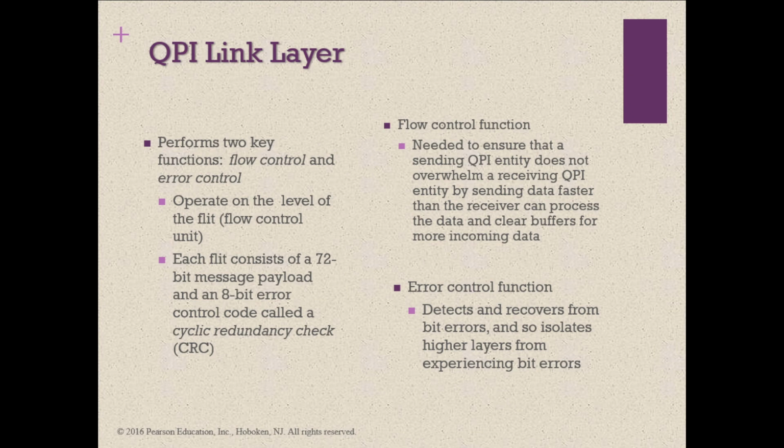The CRC is a function of the value of the remaining 72 bits. On transmission, A calculates a CRC value for each flit and inserts that value into the flit. Number two, when a flit is received, B calculates a CRC value for the 72-bit payload and compares this value with the incoming CRC value in the flit that was computed by A. If the two CRC values do not match, an error has been detected.